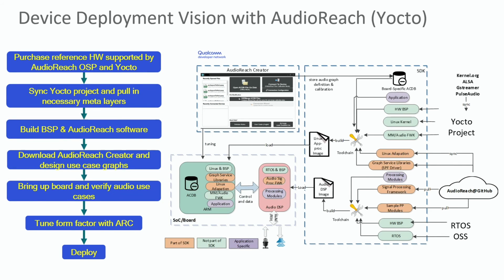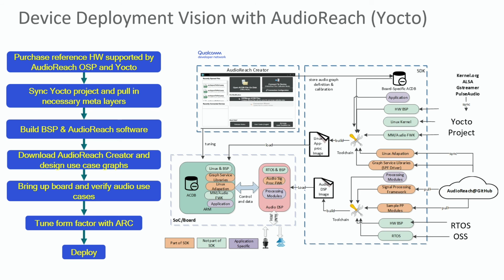And then I'm going to quickly go through the slides. Essentially, we have already developed Yocto meta layers for AudioReach. So ideally, if a developer wants to deploy AudioReach, they will be able to acquire the hardware supported by the projects.